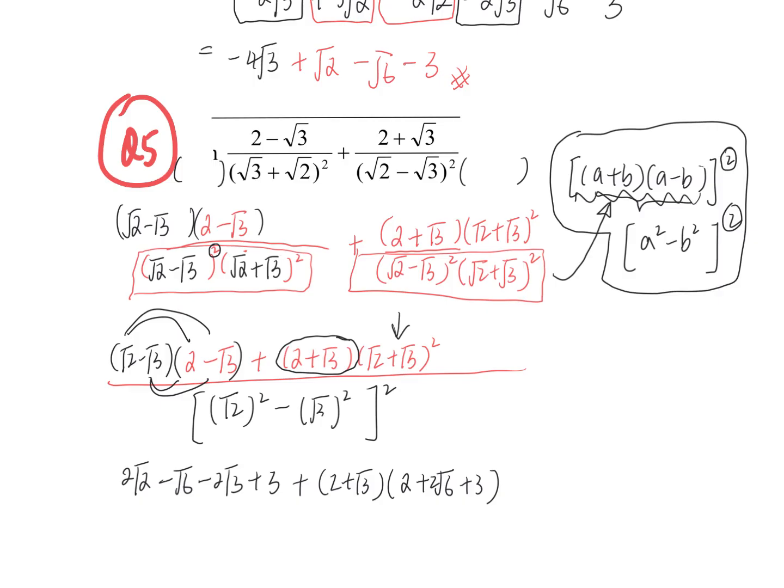Leave the square outside first, go and simplify, then you square the result. Where do you get the a plus b? I multiply in so that I can make them the same. But then you would need the 2, right? Yeah, so I multiply it or the square. I missed out the square, my bad.